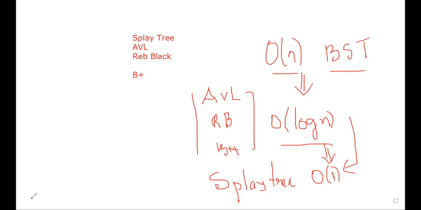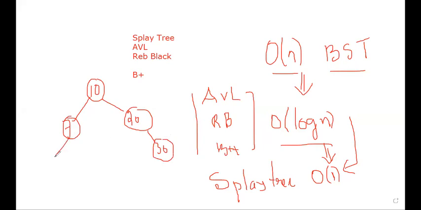So let us take an example. Here is 10, then 7, then 20, then 30. This is one example of a binary search tree.